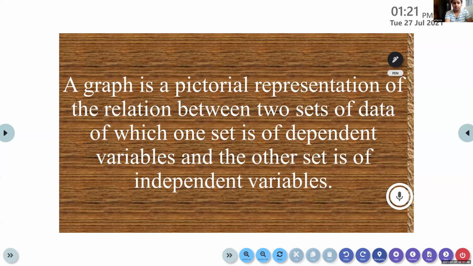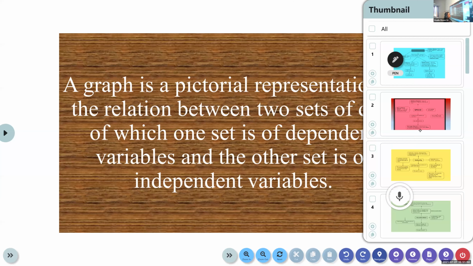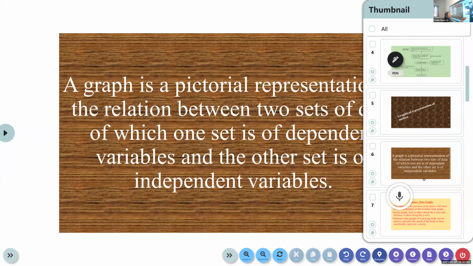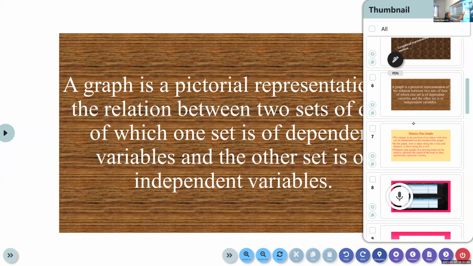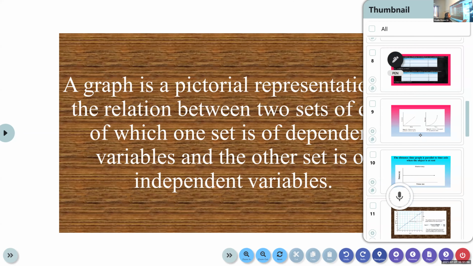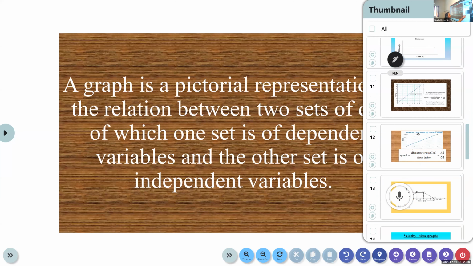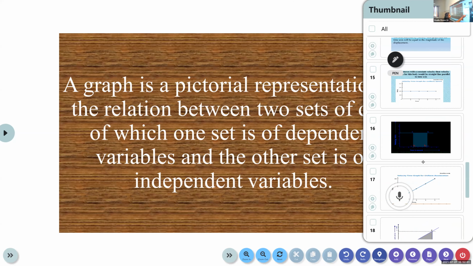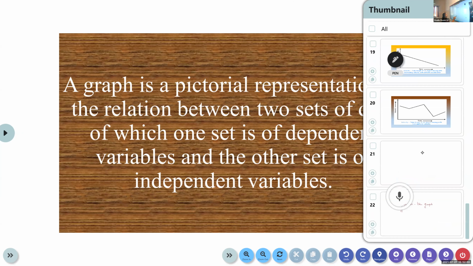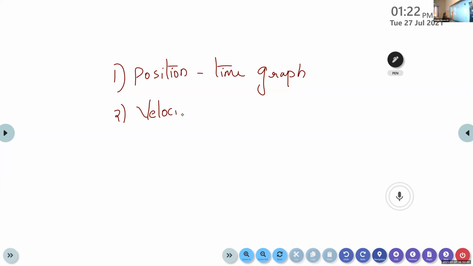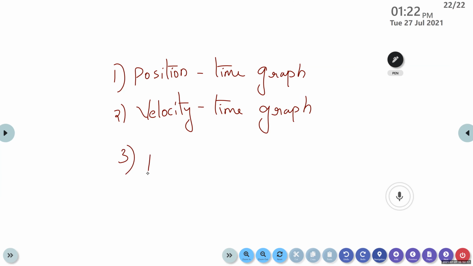Okay, ma'am. In this chapter, we discuss mainly three types of graph. One is position time graph. Second one, velocity time graph. And the third one is acceleration time graph.